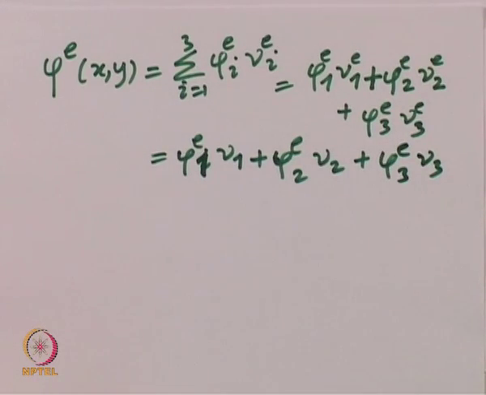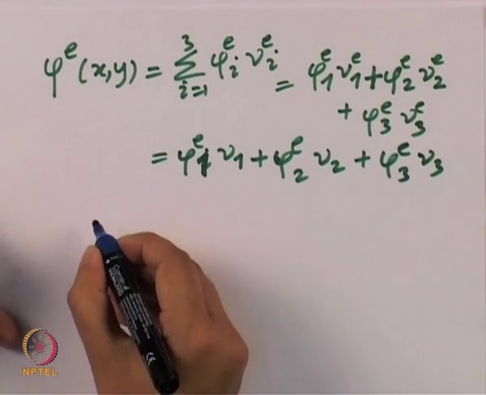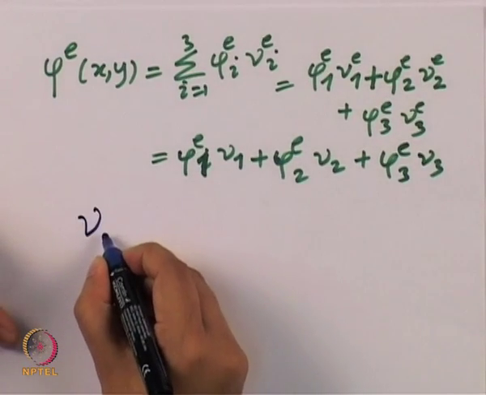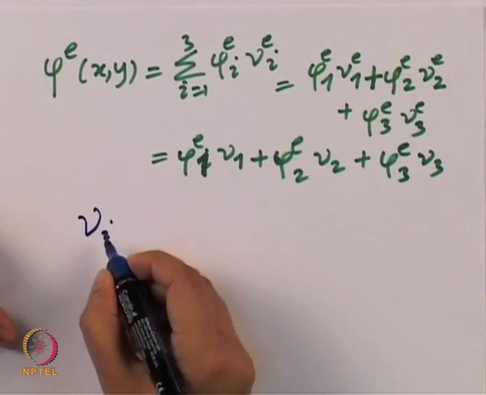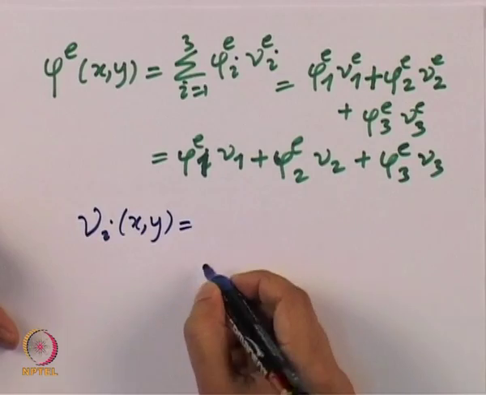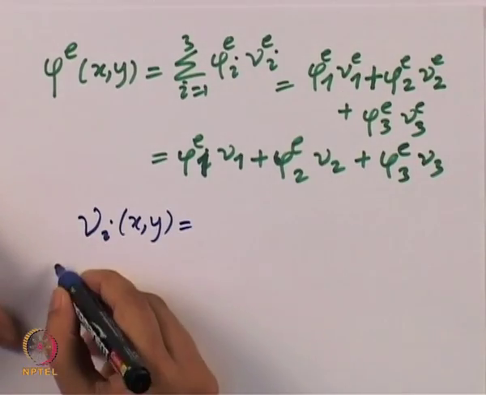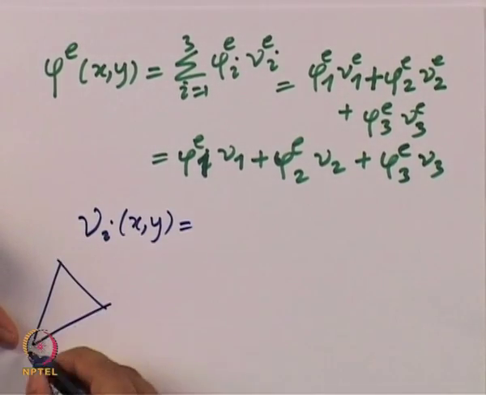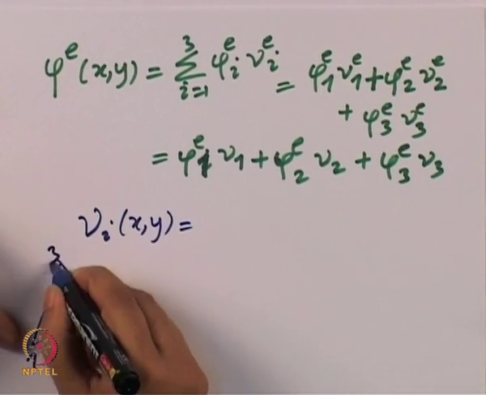So now the value of those basis functions, let us say I, inside x comma y is going to depend on the geometry itself. So I said 1 2 3.